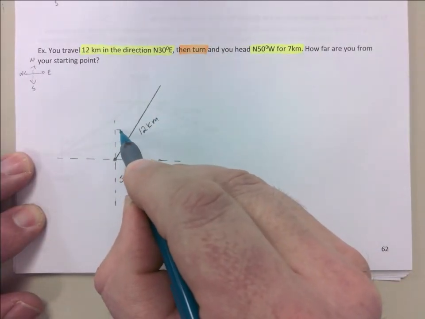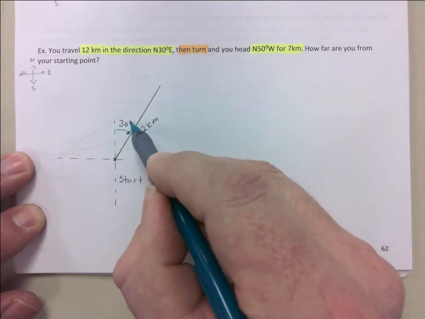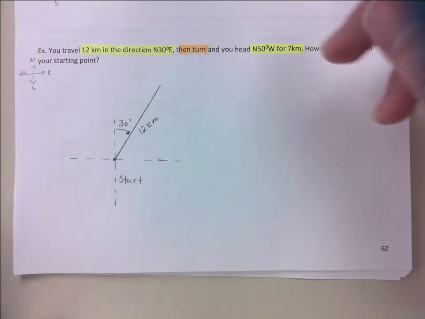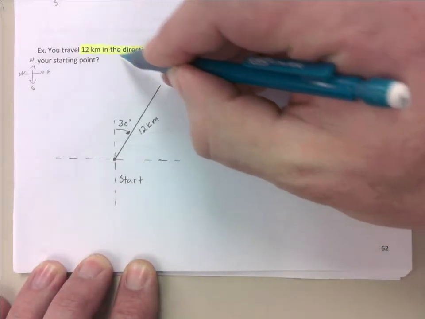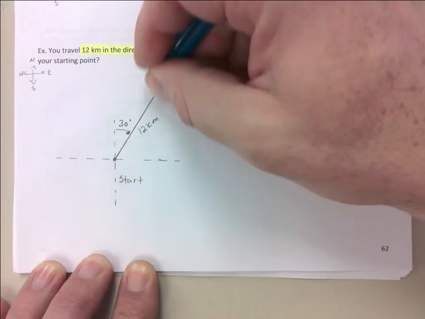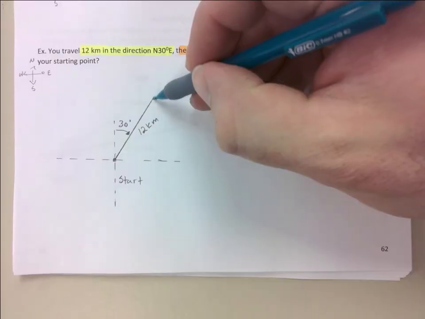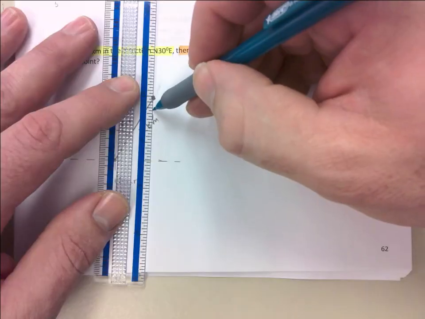We know that from here to that side right there is 30. I'm going to make it a little shorter because I'm going to turn this way and I want to have enough room. So you decide what you need to do when you get there. So this is where you turn. Watch what I do again. I make my compass rose again.